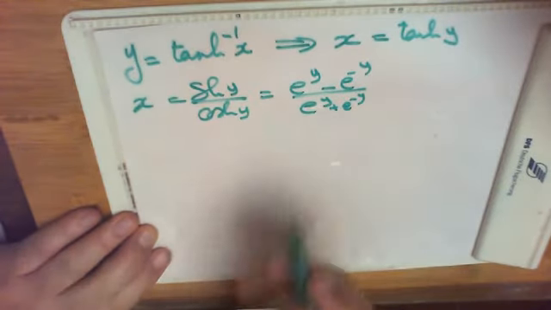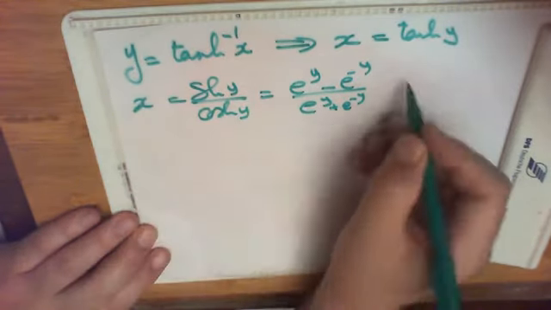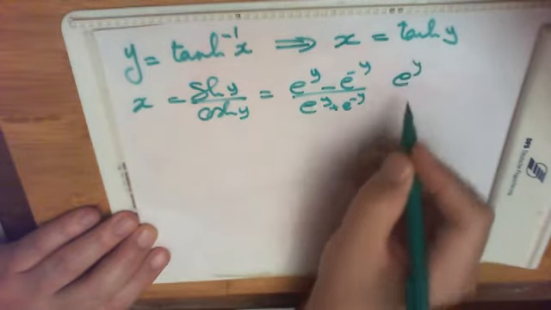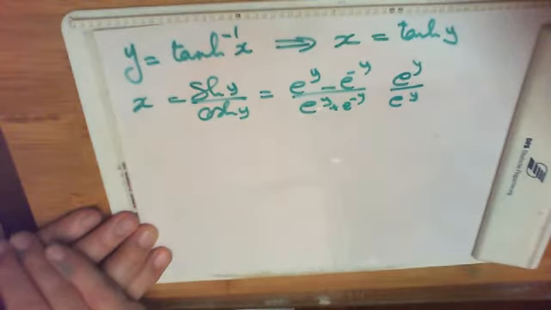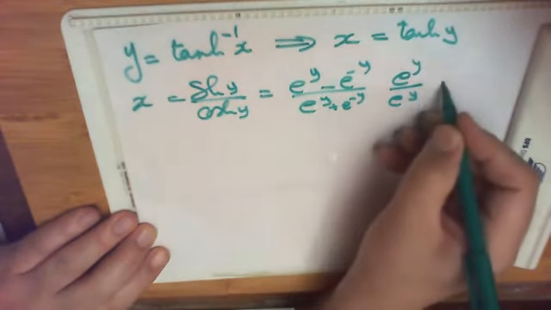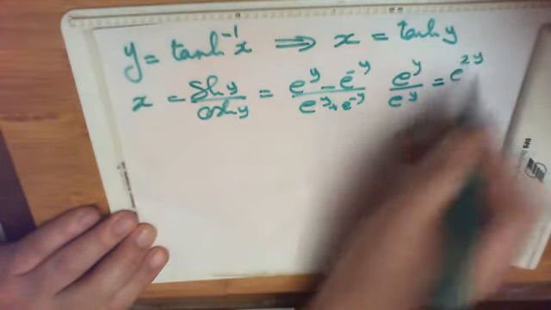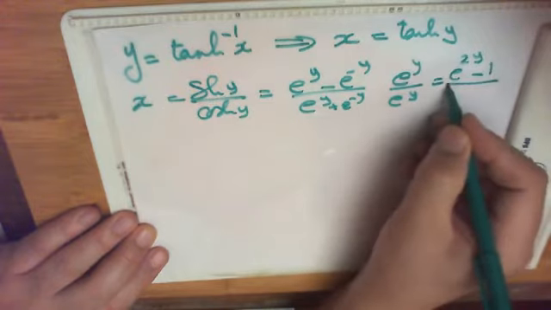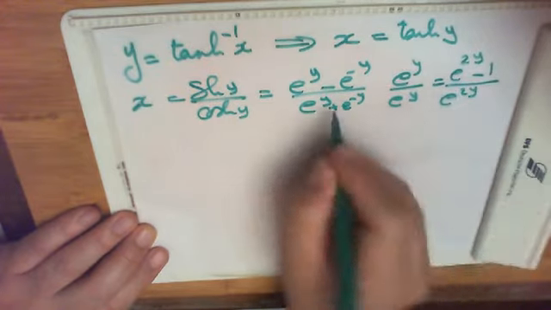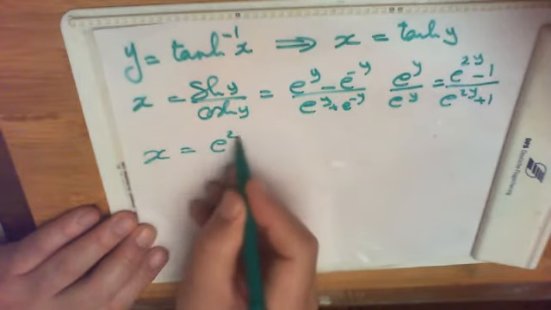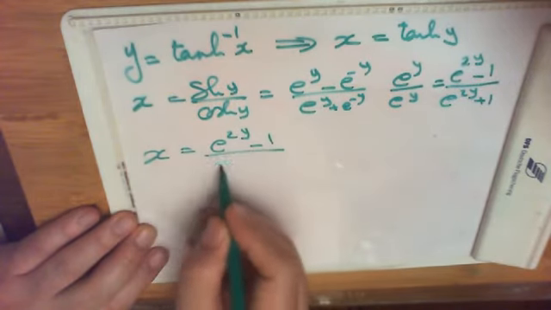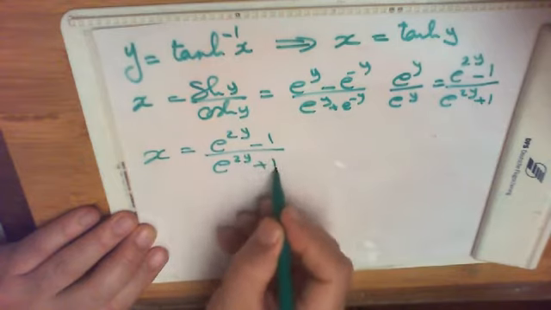As we did, multiply by e to y over e to y, both in numerator and denominator. To simplify, we obtain e to 2y minus 1 divided by e to 2y plus 1. So x equals e to 2y minus 1 divided by e to 2y plus 1.